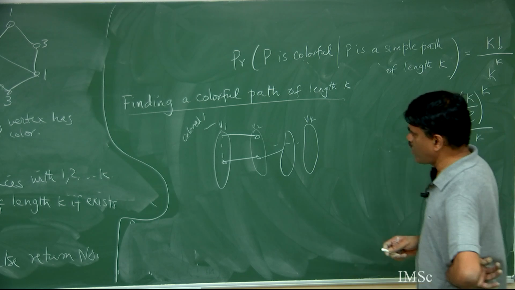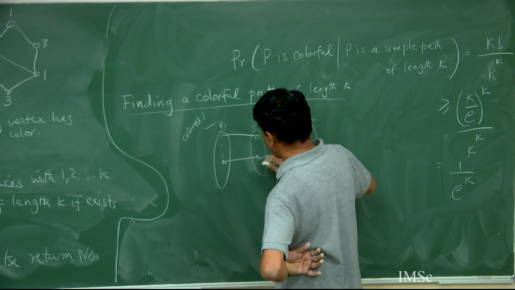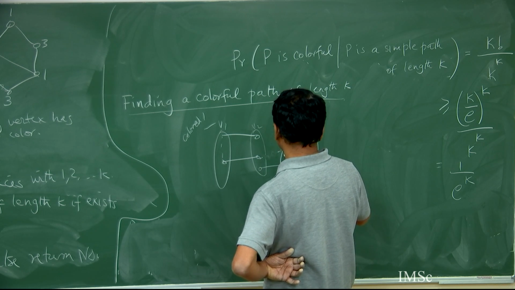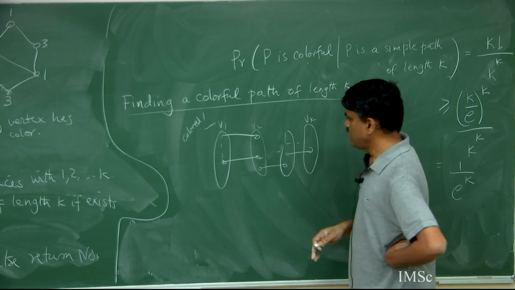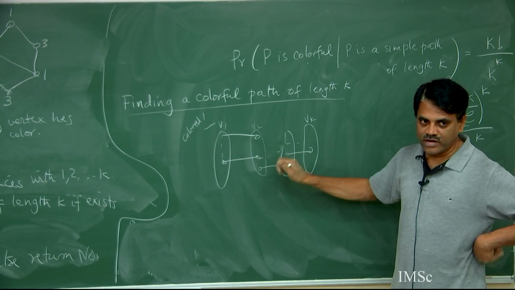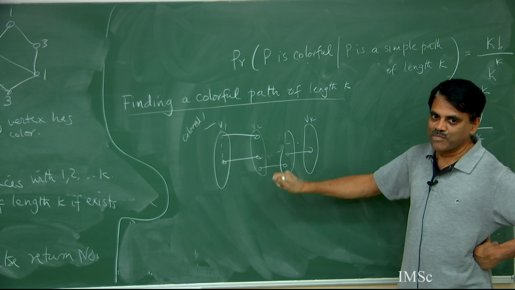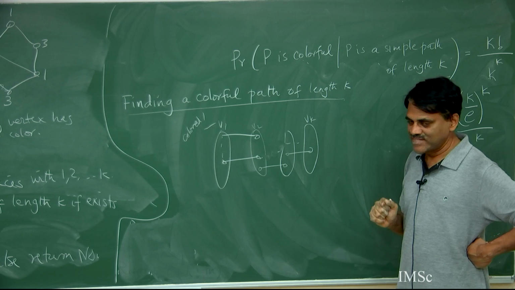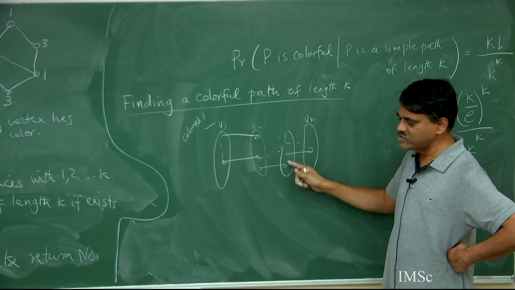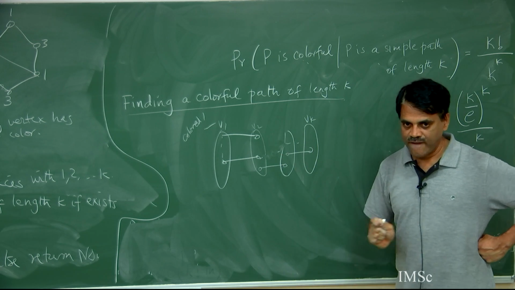Yeah, but all I'm saying is the problem is I may have something like this. There is no k path at all, but when you contract, you will get a mysterious k path. So you can't lose this information that this vertex is connected, but not this vertex. You need all that information.